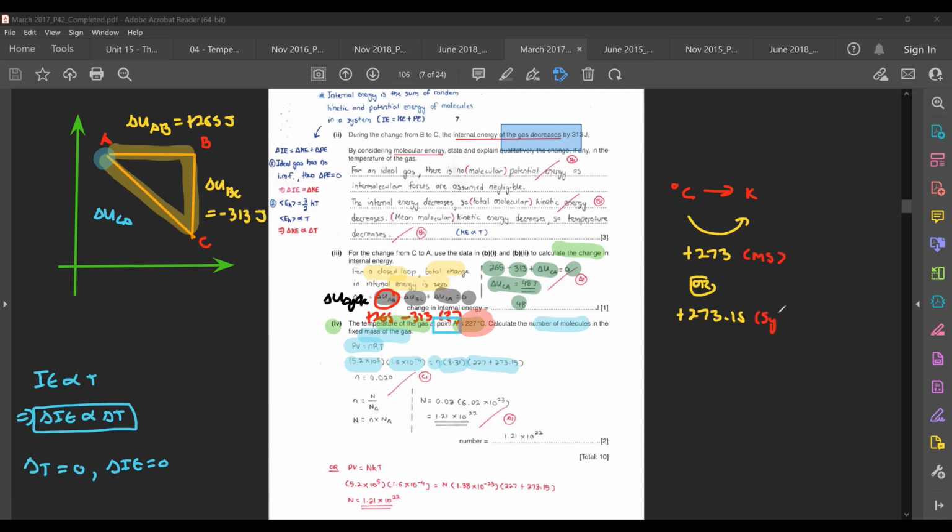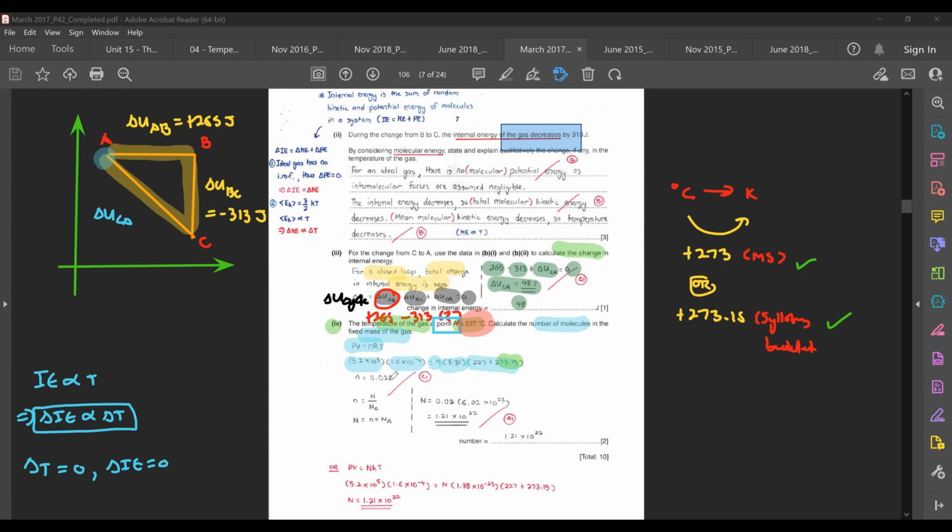Your syllabus booklet would tend to use 273.15. But regardless of which one you use, both are acceptable. Okay. So like in this working here, while I may put it as 273.15, you could have just used 273 itself. It's actually easier for a lot of people.